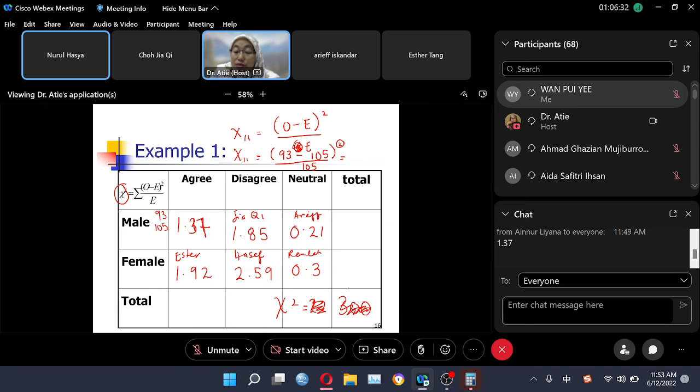Right? Yes. So this is our chi-square. This is actually the ultimate answer that we are looking for, the chi-square value.